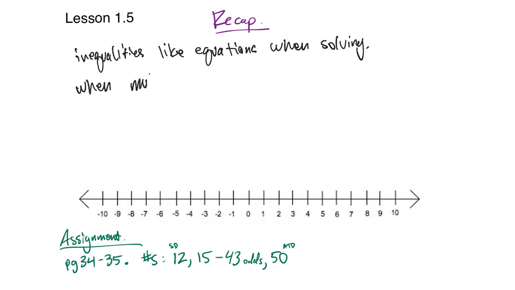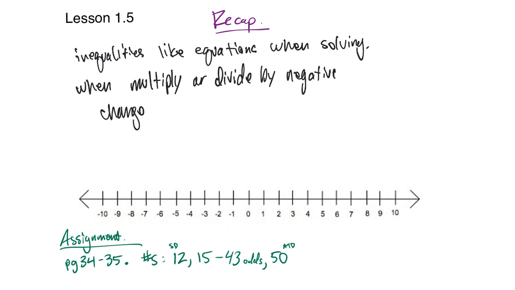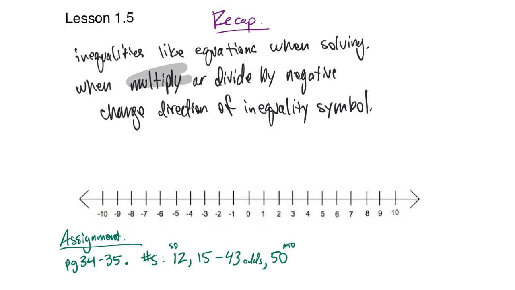When you multiply or divide by a negative, change the direction of the inequality symbol. Okay, write this down in your notes. This is important to remember. You change the direction of the inequality symbol when you multiply or divide by a negative number.